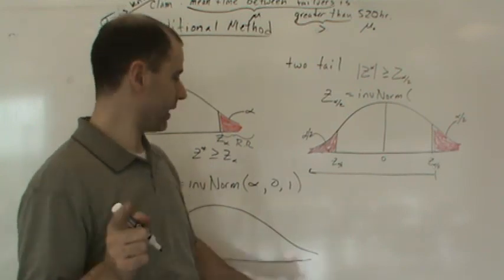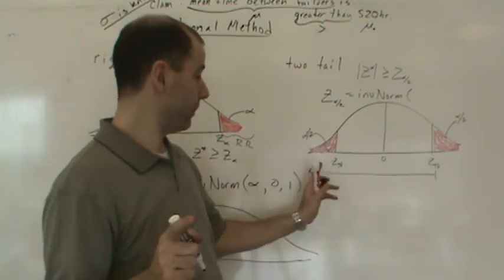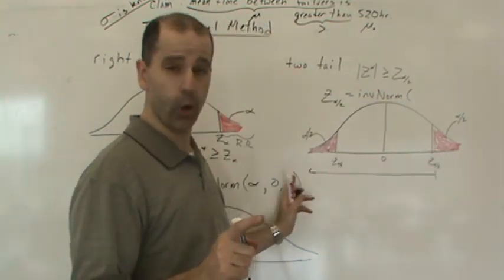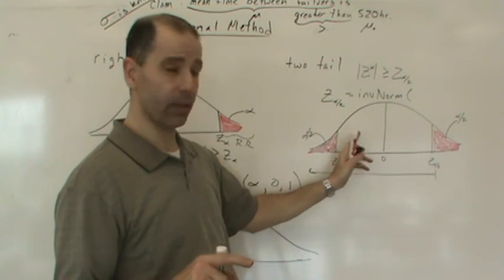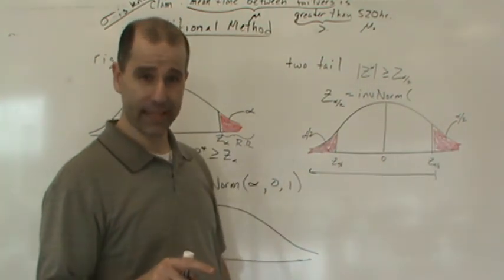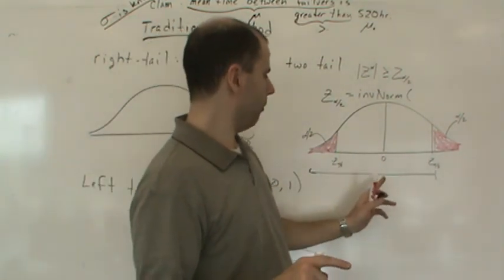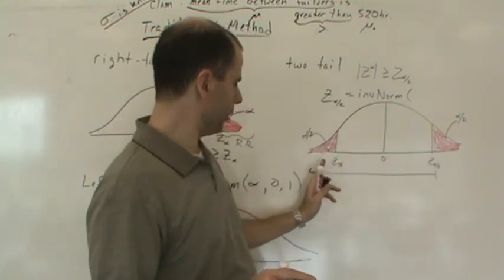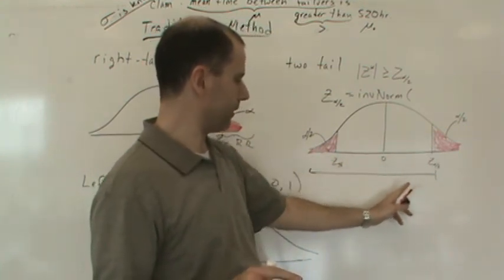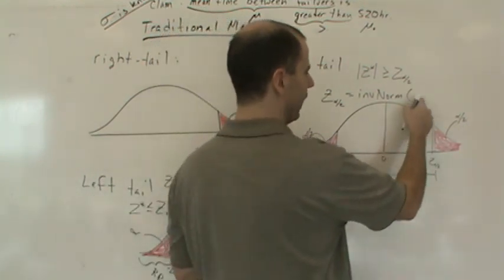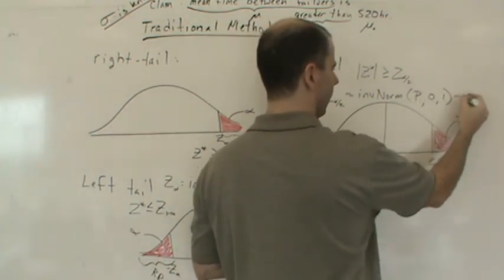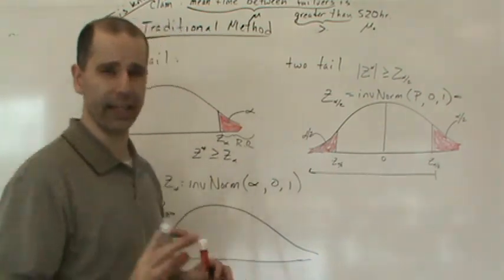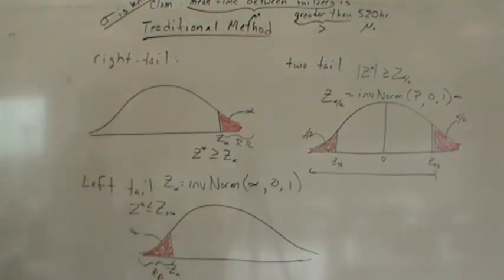In this case we're using significance level. The middle area is what's left over from the two tails, so whatever alpha is, the middle is 1 minus that. Now that we know the middle and we know what half alpha is, we can figure out the area to the left. Put in the area to the left, the percentile, followed by 0, 1, and you'll get the critical value. Inverse norm will give it to you every time.